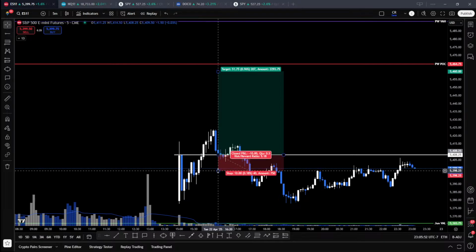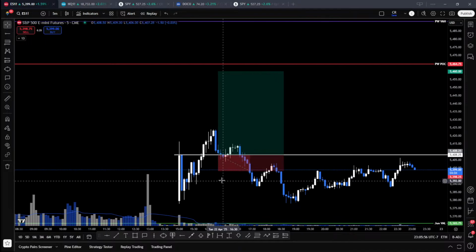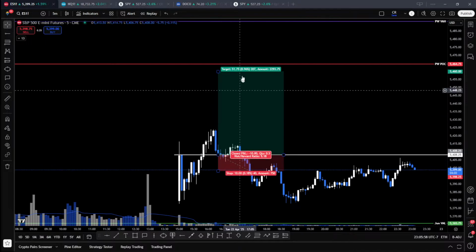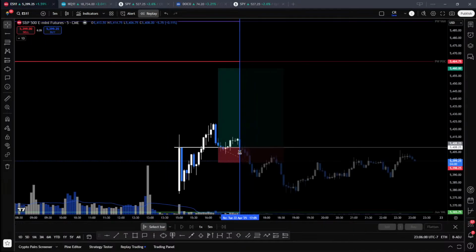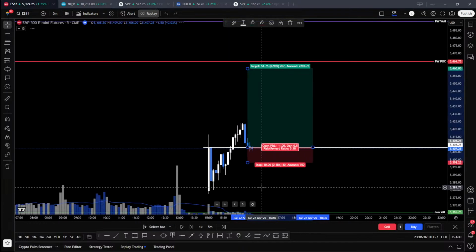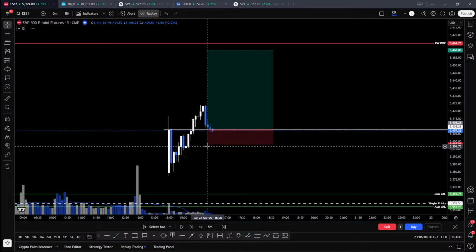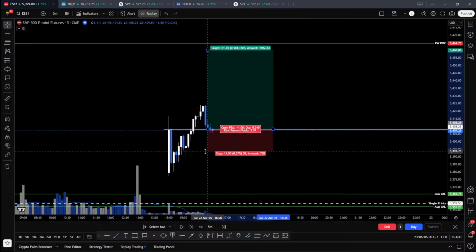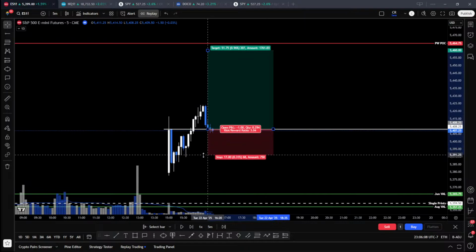I was contemplating, I would have to show you guys other charts to explain this thought process, but actually, let me hit this really quick. I was contemplating putting my stop loss at 391.